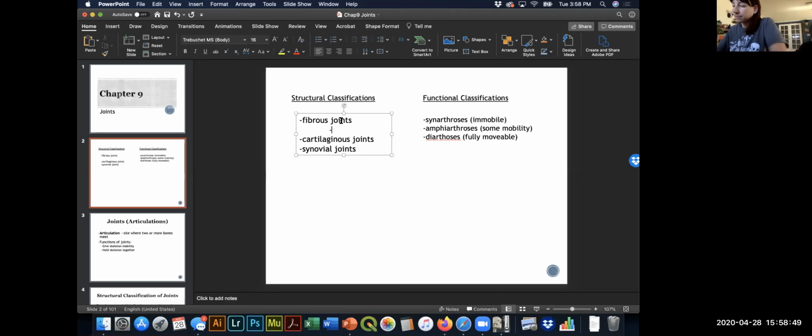We have sutures of the skull, right? We have syndesmoses. These are those little membranes in between paired bones of the lower arm and the lower leg.